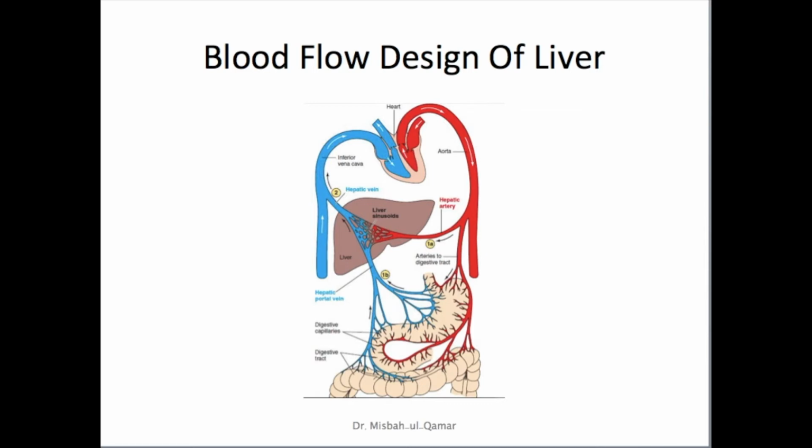The other source is the venous blood, which is draining the digestive tract, and it is carried by the hepatic portal vein to the liver for processing and storage of newly absorbed nutrients. And then finally, blood leaves the liver through the hepatic vein.